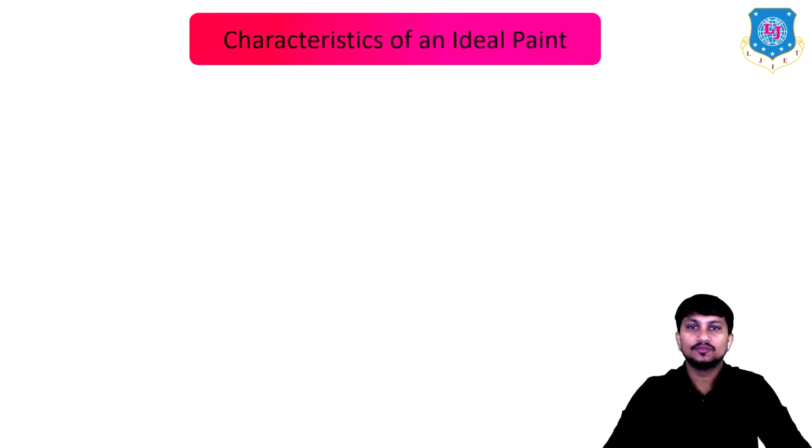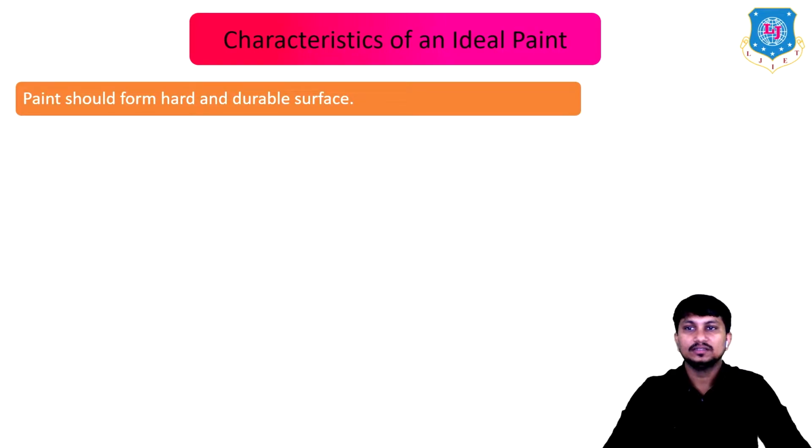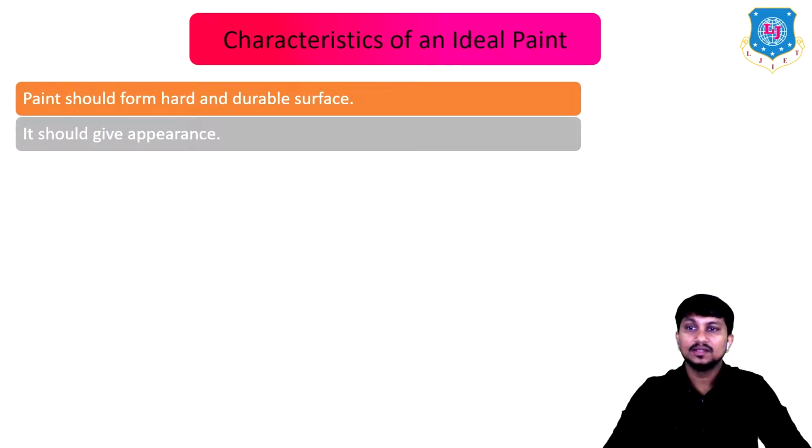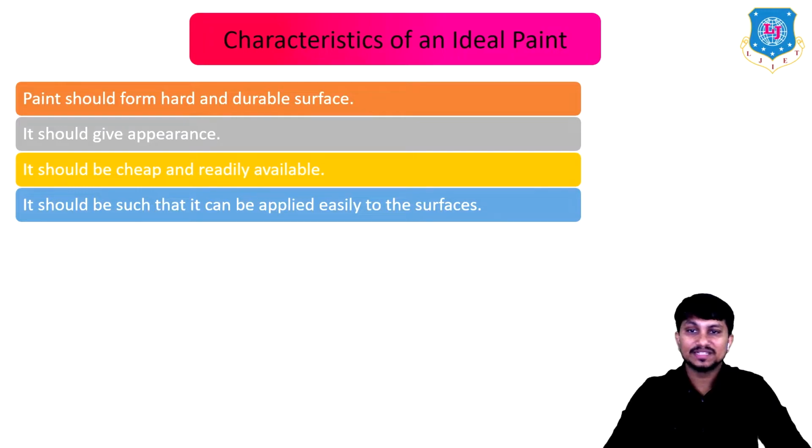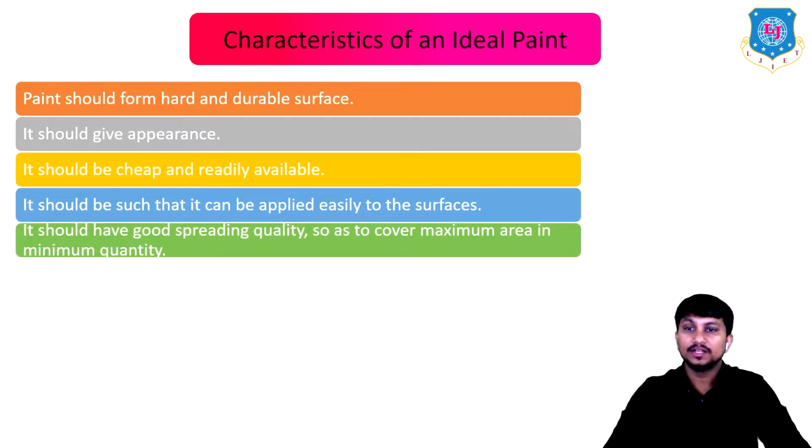Now let's see what the characteristics of an ideal paint are. A paint should form a hard and durable surface. It should give good appearance. It should be cheap and readily available. It should be such that it can be applied easily to surfaces. It should have good spreading quality so as to cover maximum area with minimum quantity.